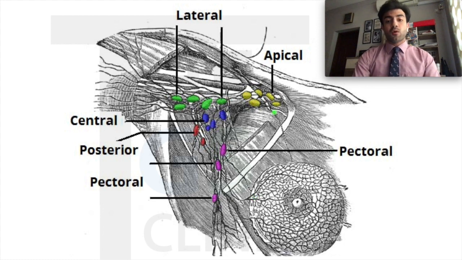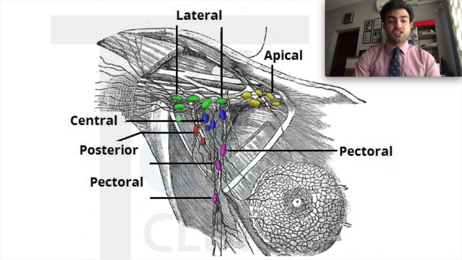Now, the groups of lymph nodes in the axilla. First is the pectoral, which is the anterior group, which lies along the lower border of the pectoralis major and drains the lateral part of the breast as well as the superficial anterolateral abdomen above the umbilicus.